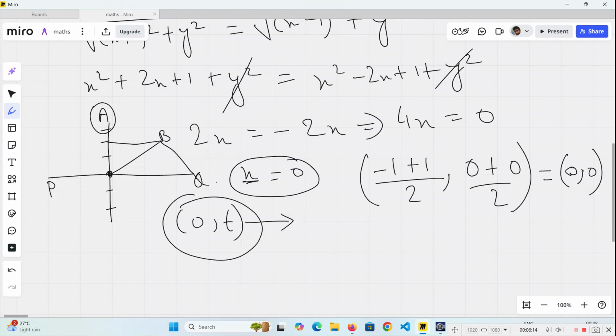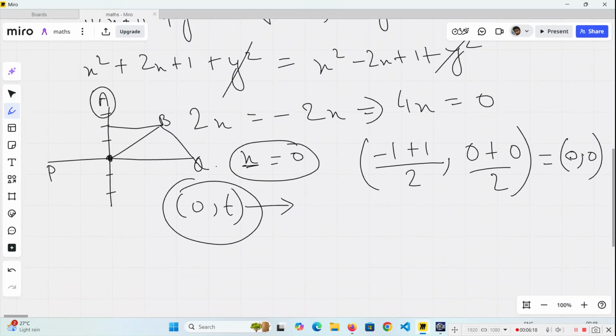Now the points of set B are at equal distance from set A and from that point Q. So here we have to think slightly differently.